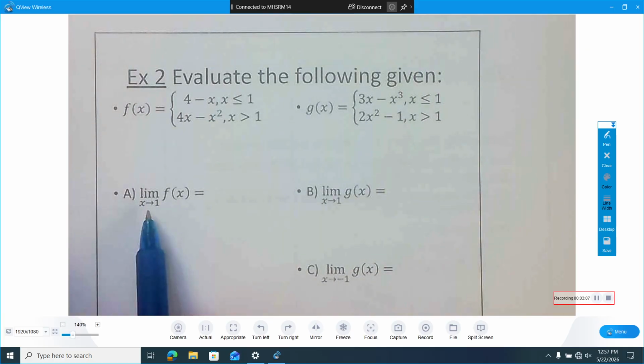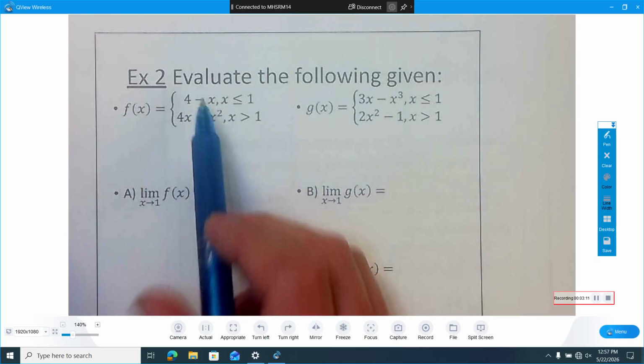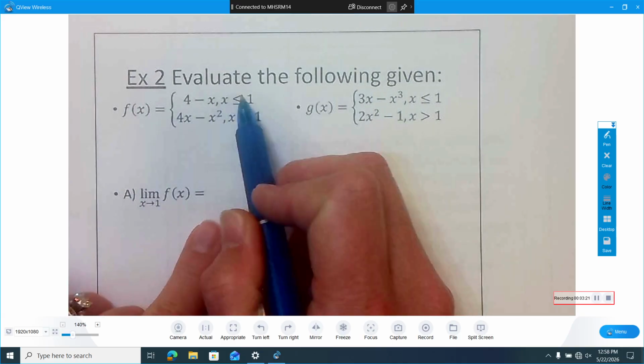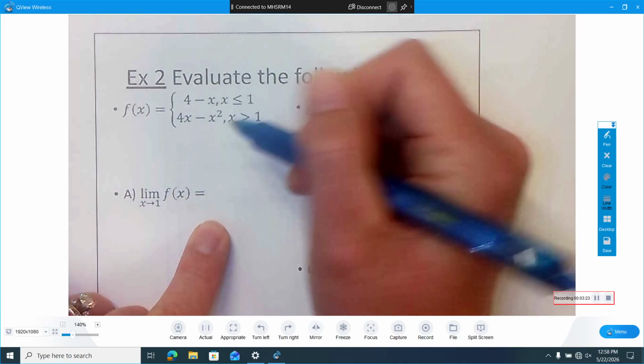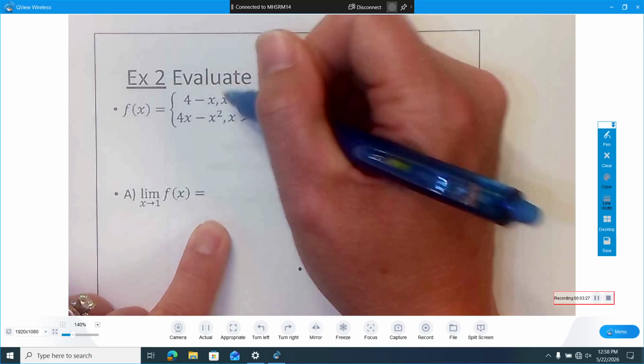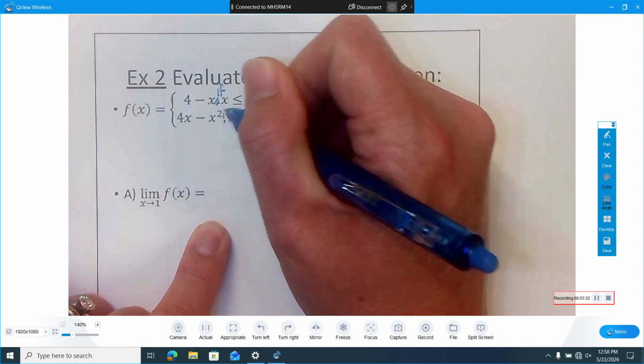Okay, so I want to know the limit as x approaches 1 of my f function here. This is a piecewise function. Well, a limit really means, hey, what's the y value? You just plug it in. So when I look here, this is a piecewise function, and for the comma, I like to think, here's your equation, 4 minus x. For the comma, I like to just put the word if in there, okay?